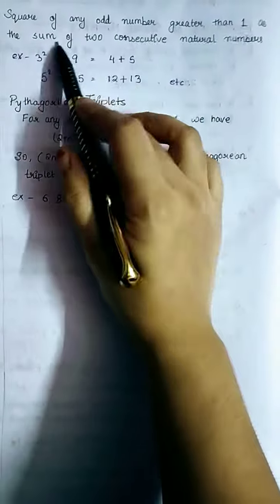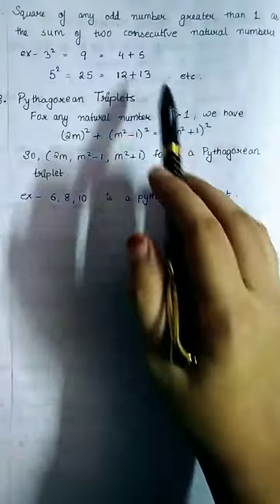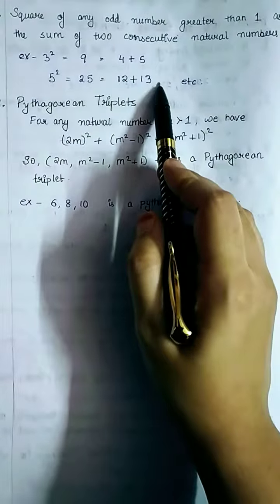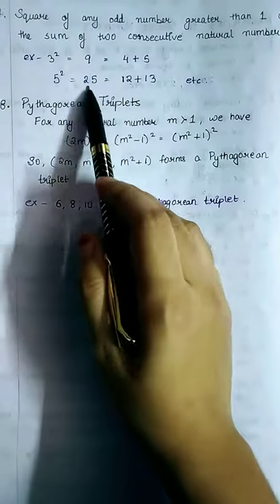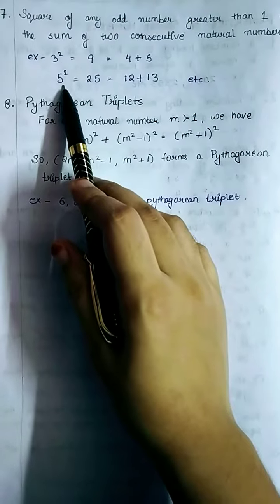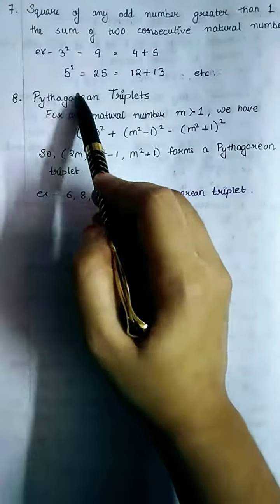Like 12 and 13 added give 25, which is the square of 5. So the square of any odd natural number, 3, 5, 7, 9, leaving 1, is made by two consecutive natural numbers. 3 squared is made from 4 and 5, 5 squared is made from 12 and 13. You can check others also like that.